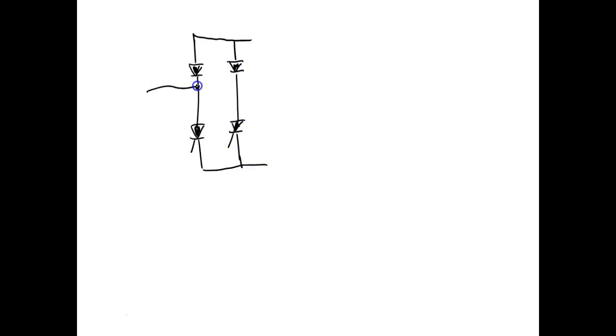And then I'll bring my AC in right here. Now what we have to do is understand what's going to do this gate circuit right here.